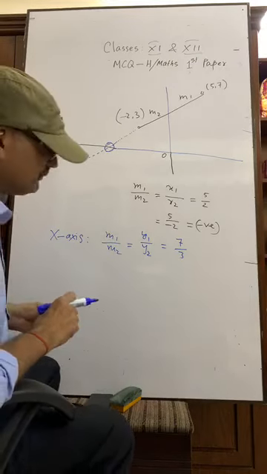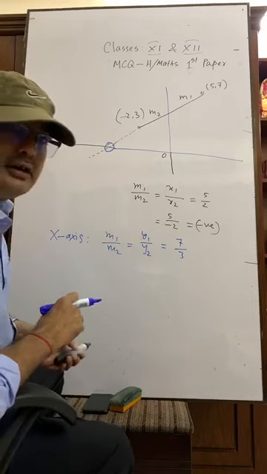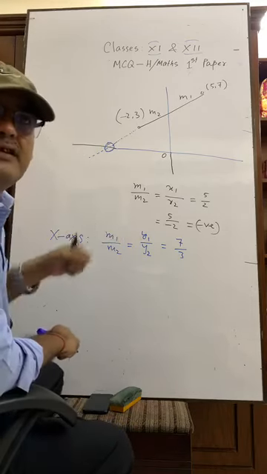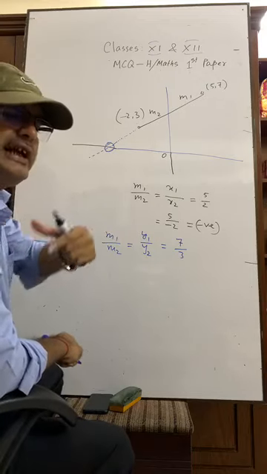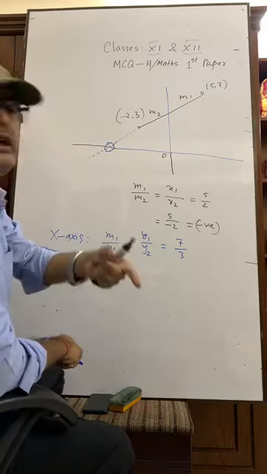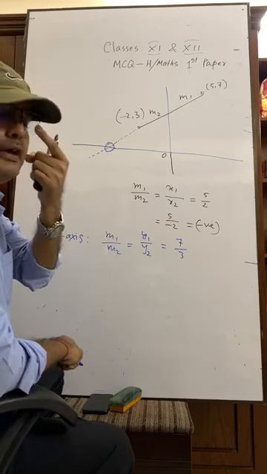So our question may be given as in which ratio it is divided, or the question may ask whether it is internal intersection or external. Okay?